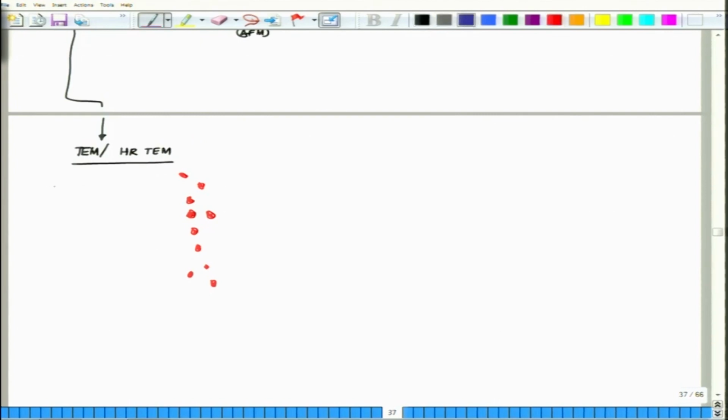So, what will happen, you will shoot the electron beam.